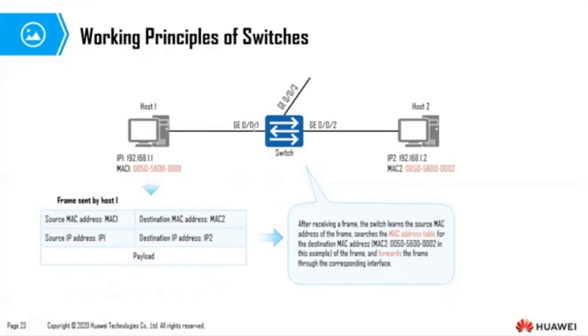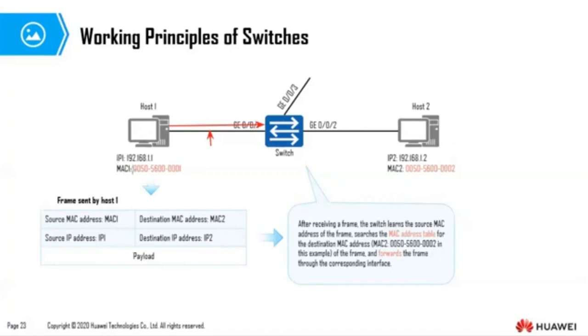The switch will also break or isolate collision domains, so a collision can only occur here. Unlike the bus topology in early Ethernet networks, where they were sharing the same bus.